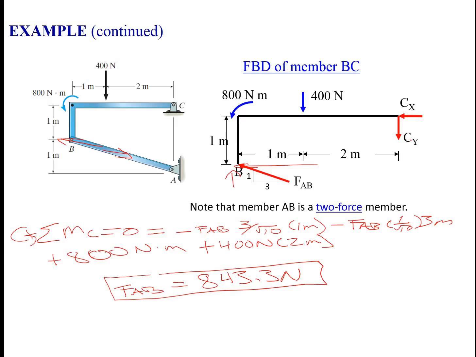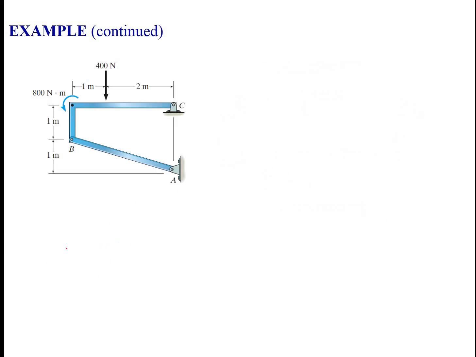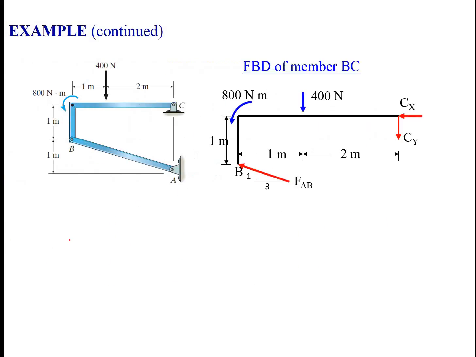So now we want to find CY and CX. This is going to be fairly simple, right? If we bring our reaction back up, we know that this is 843.3. So then we can sum our forces in the x direction. What forces in the x direction do we have in this free body diagram? We have CX, and then we have FAB in the x direction.